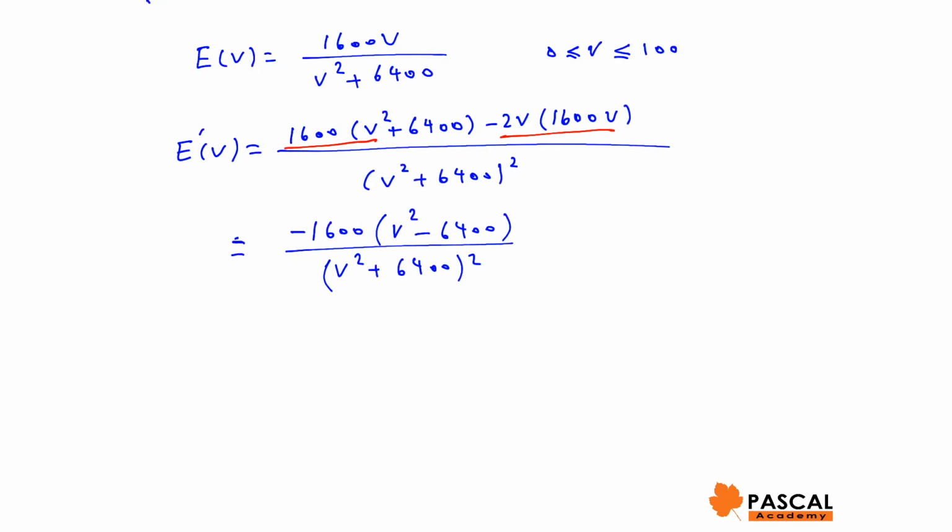If we set it to 0, V would be either 80 kilometers per hour or negative 80 kilometers per hour. Negative 80 kilometers per hour is not acceptable.